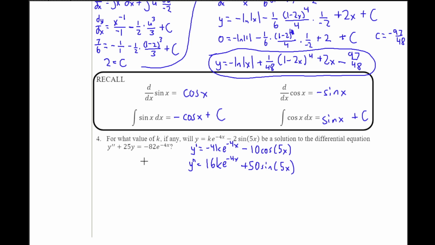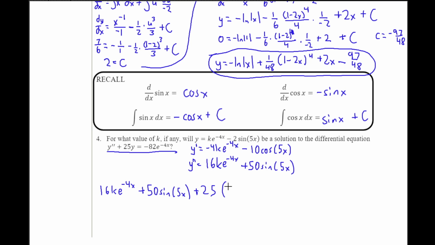We can plug it into this differential equation. So y double prime is 16k e to the negative 4x plus 50 sine of 5x, now plus 25y.